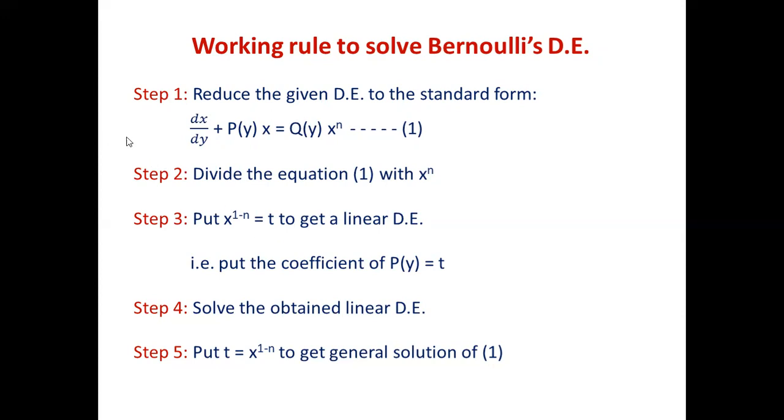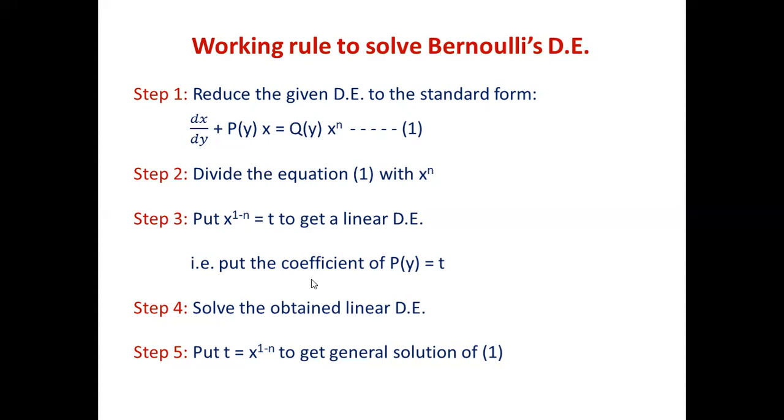So in the first step, we will reduce the given differential equation to the standard form. In the second step, we divide the equation with x power n. And in the third step, we replace the coefficient of p of y, that is x power 1 minus n by t, so that the equation will be reduced to a linear form in t.